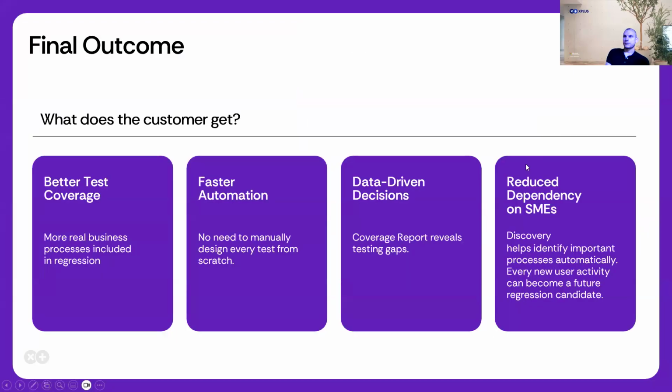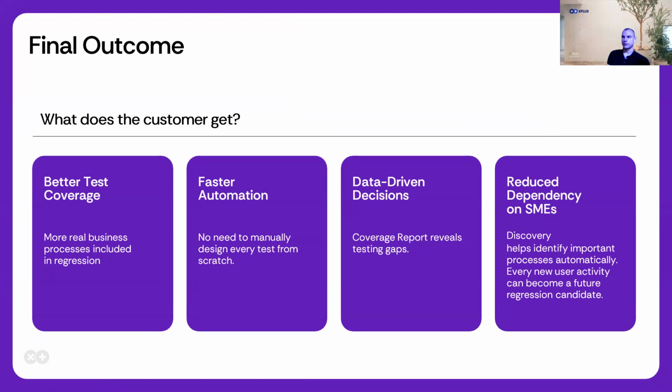Yeah, final outcome. So what does the customer get at the end? Better test coverage, faster automation of test cases because there is no need for the business and no need for documentation.